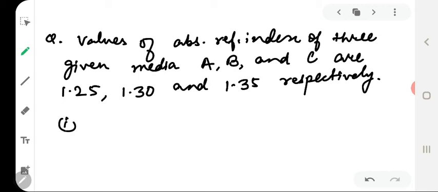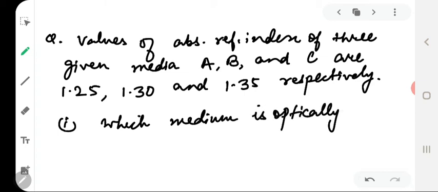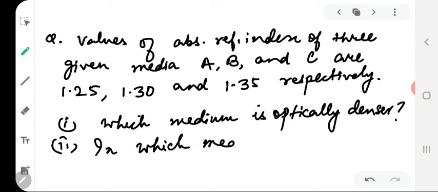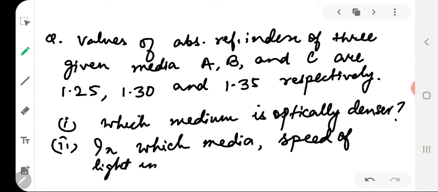The questions are: which medium is optically denser and in which media speed of light is maximum. So when the values of refractive index is provided in the question, very easily by just looking into the values we can give an answer of these type of questions.